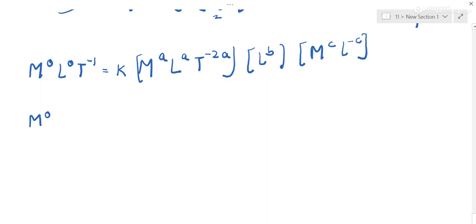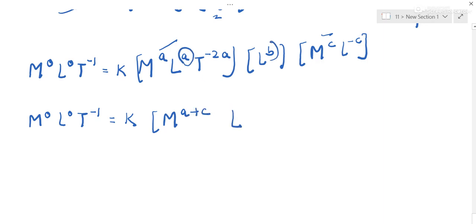Now this is M to power 0, L to power 0, T to the power minus 1 is equal to k. Combine powers of M. So it is a plus c, then L, a plus b minus c. Now time to the power minus 2a. There is no other time, so this is okay.